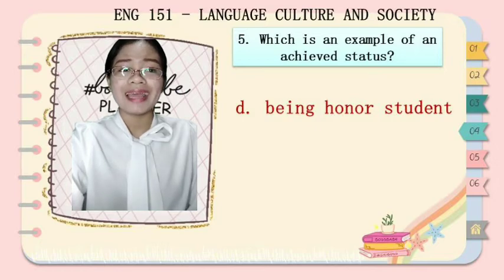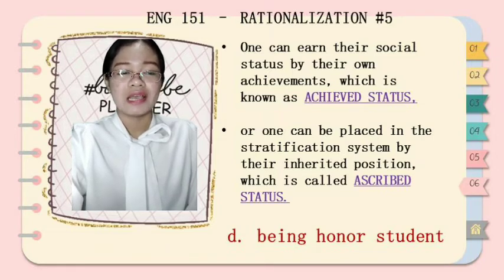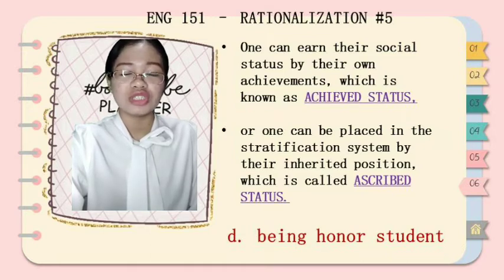Why? Again, an achieved status is being owned or earned by someone because of his or her own achievements, and that is not inherited. Being a daughter is not an achievement. Old age is also not an achievement. And letter C, race, is also not an achievement. So being an honor student, you get that kind of position because that is based on your own achievement.